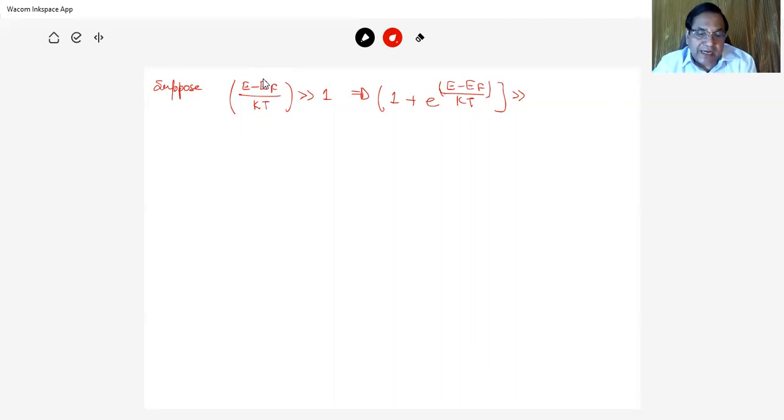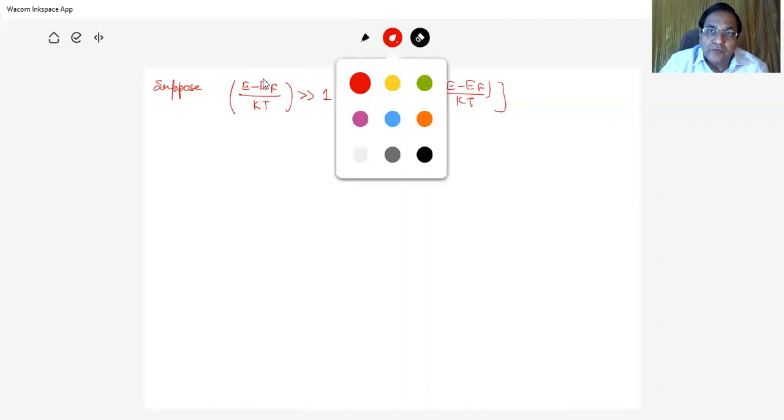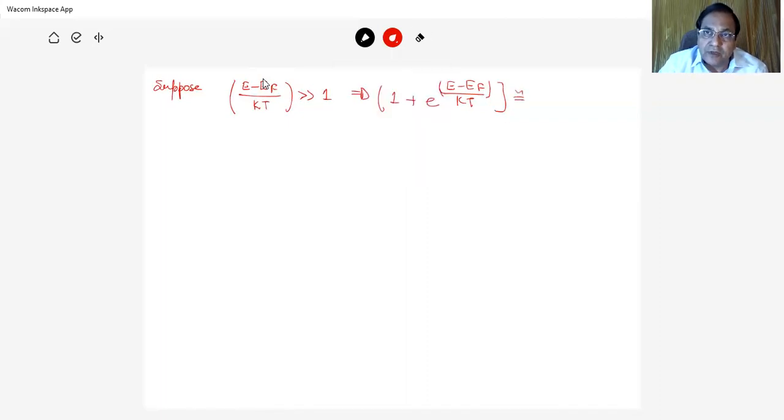So by this approximation, we find this is approximately equal to e raised to the power (E minus EF) upon KT.